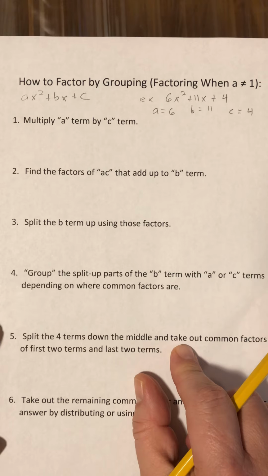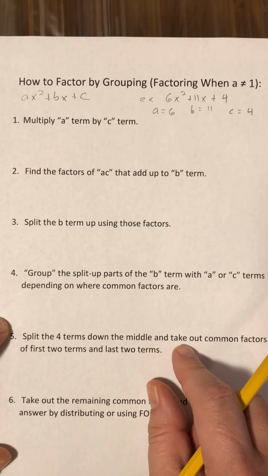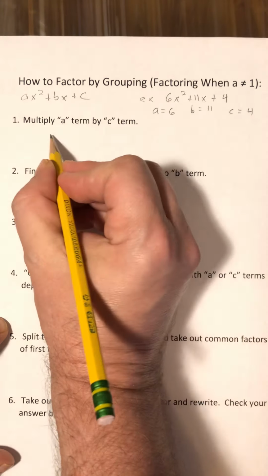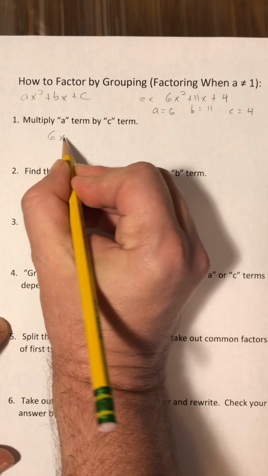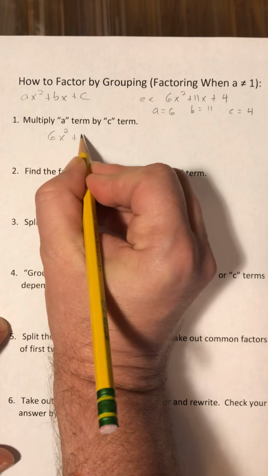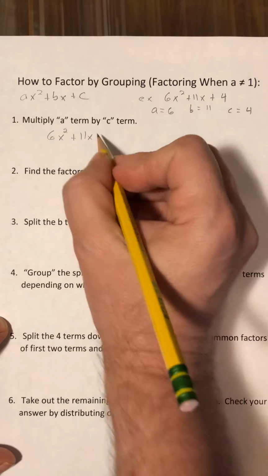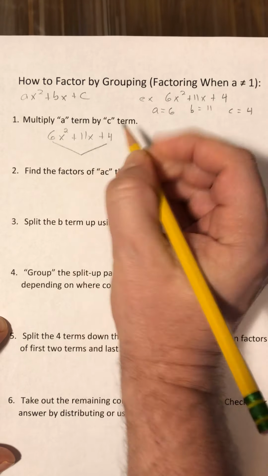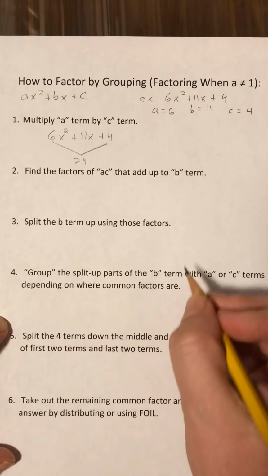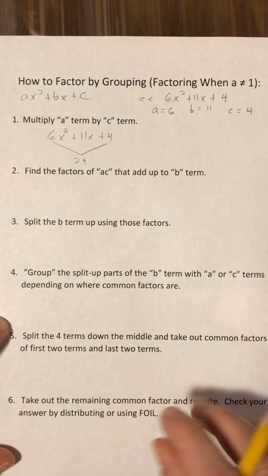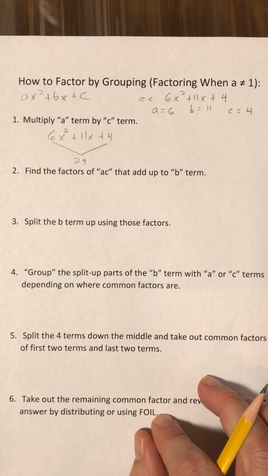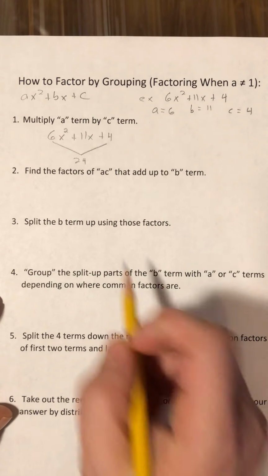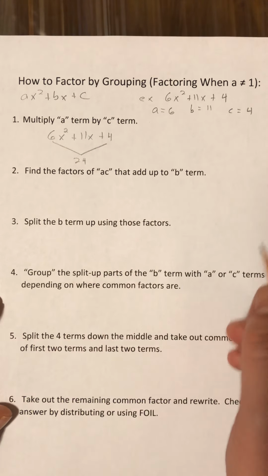So the first thing we're going to do is multiply the a term by the c term. So again, if we have this example here, 6x squared plus 11x plus 4, I'm going to multiply the 6 by the 4. That's going to give me 24. Okay? The second thing I'm going to do is find the factors of a times c that add up to the b term.